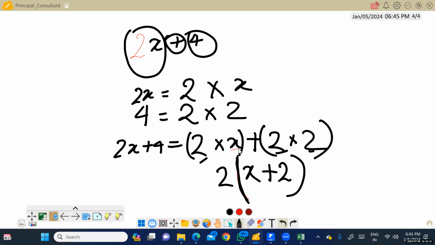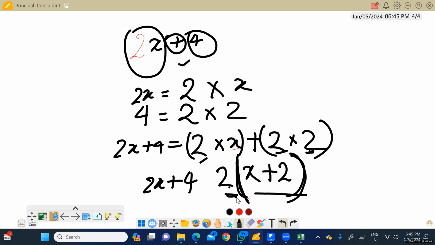This is the common factor I've taken. Now let's see, if I multiply this, 2 into x, 2x, plus 2 into 2, 4. The same thing we started with. So finally, we can say that 2 is common, x plus 2, which is the same as 2x plus 4.